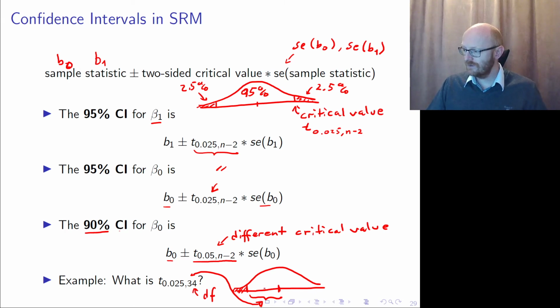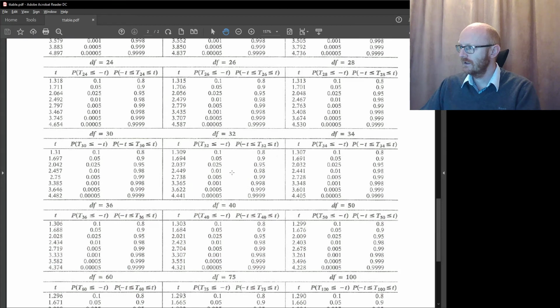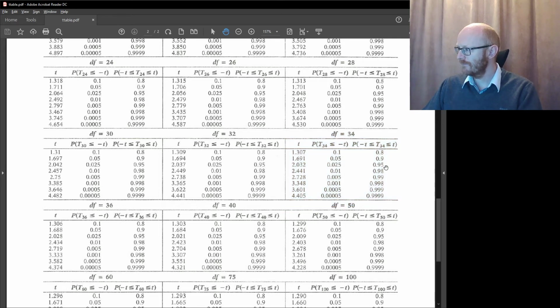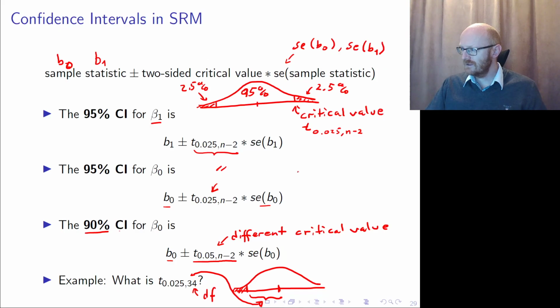Well, then we can just go to the t-table again, and if you have degrees of freedom of 34, we can see that in this table, and the tail probability should be 2.5%, which is here, which means that you would have to go 2.032 standard errors away from the mean to be certain that the tail probability is 2.5%.